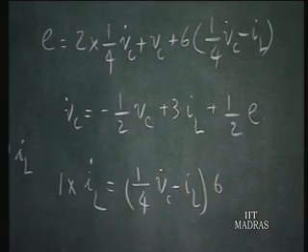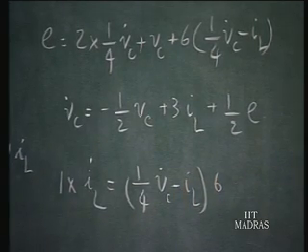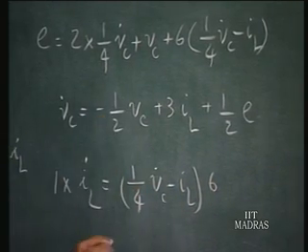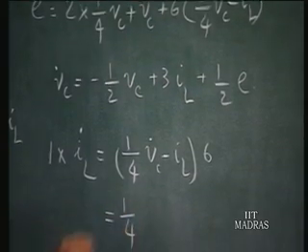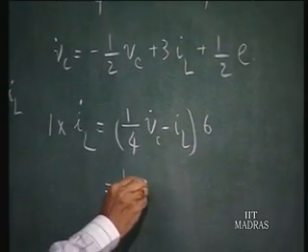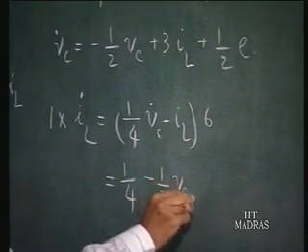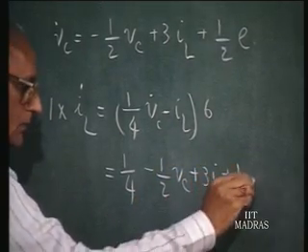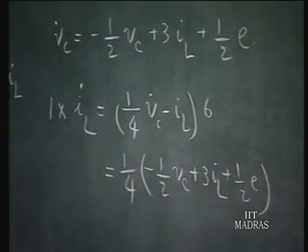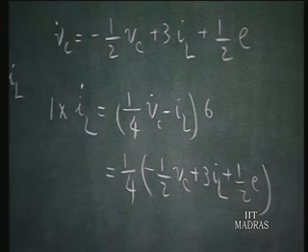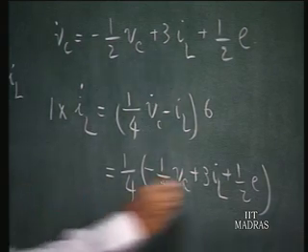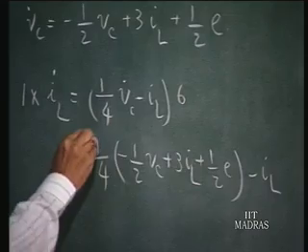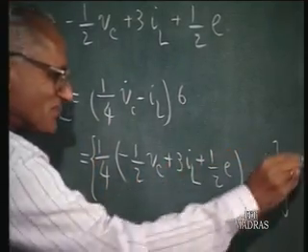And Vc dot is known to us already. Therefore, 1/4 of, for Vc dot you substitute minus half Vc plus 3 IL plus half E, that is Vc dot, which we already know, minus IL, and the whole thing multiplied by 6.